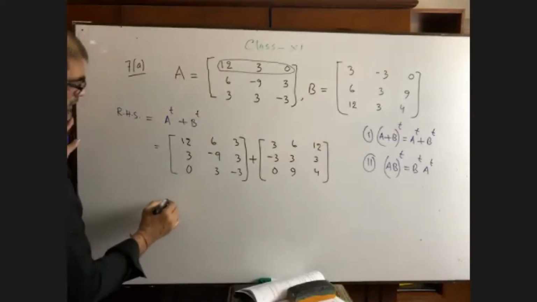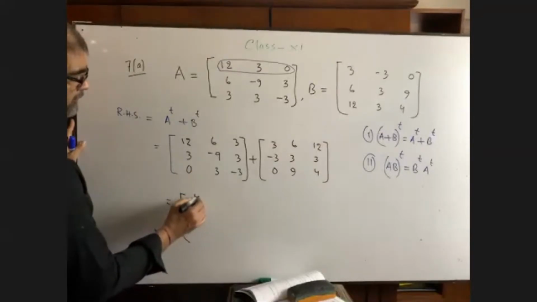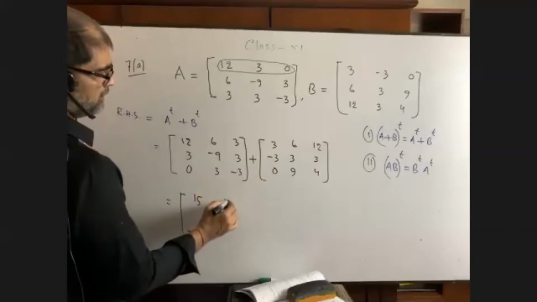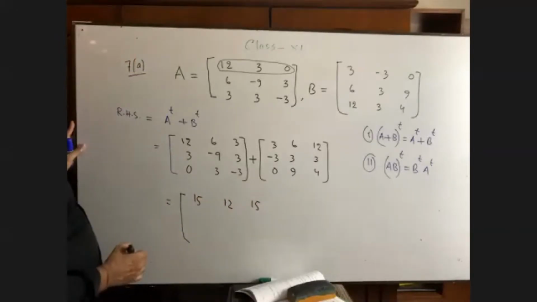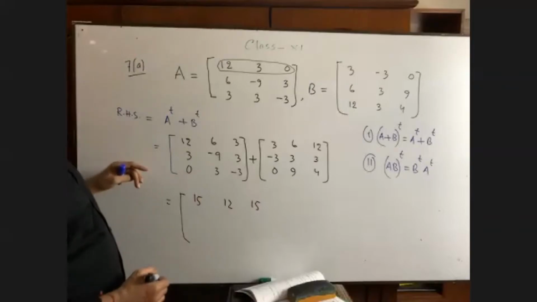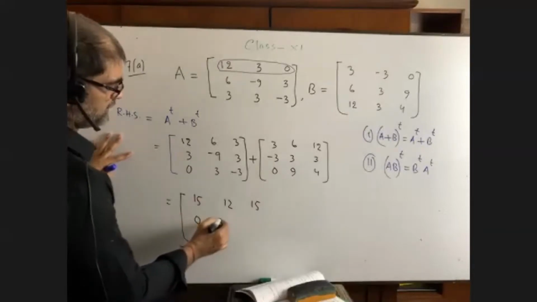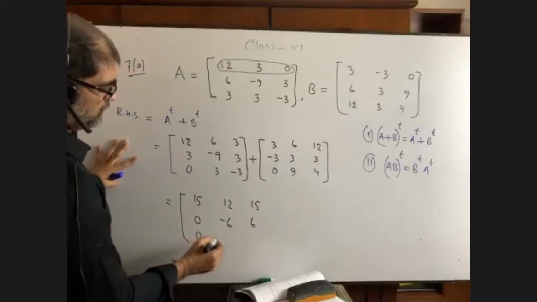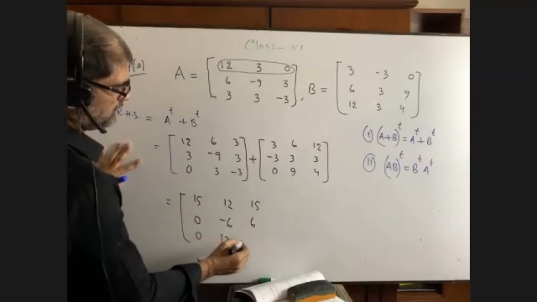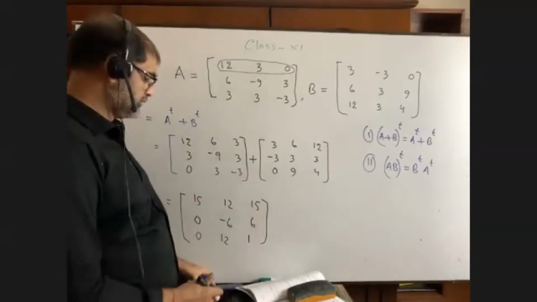Now you add to get the previous one. 12 plus 3, 15. 6 plus 6, 12. This is 15. Now, 3 minus 3, 0. Minus 3 plus 3, that is minus 6. This is 6, 0, 12. Can you please compare the previous one and this one?